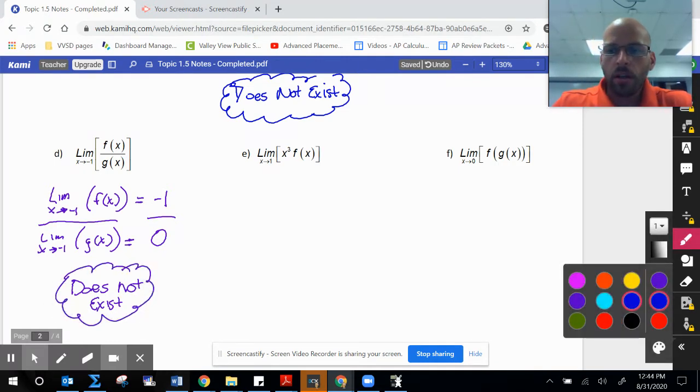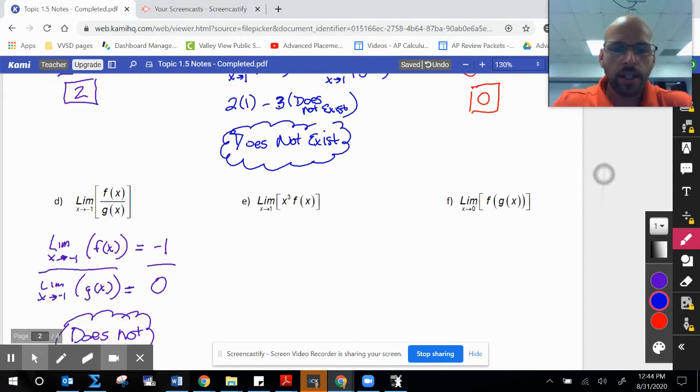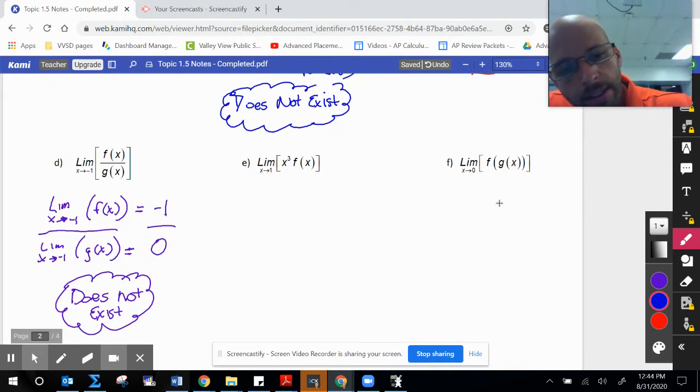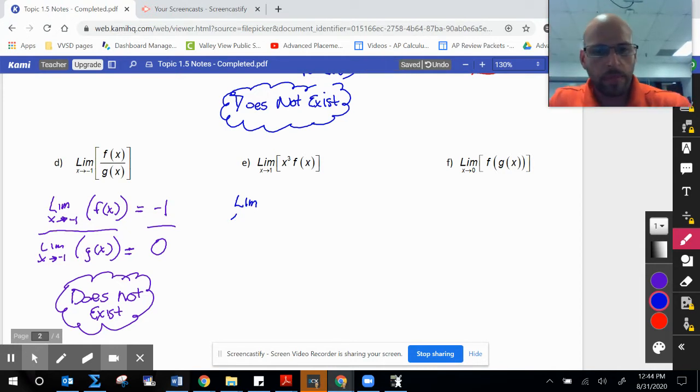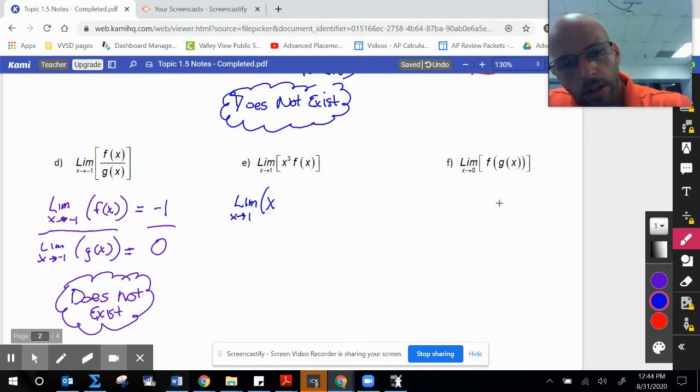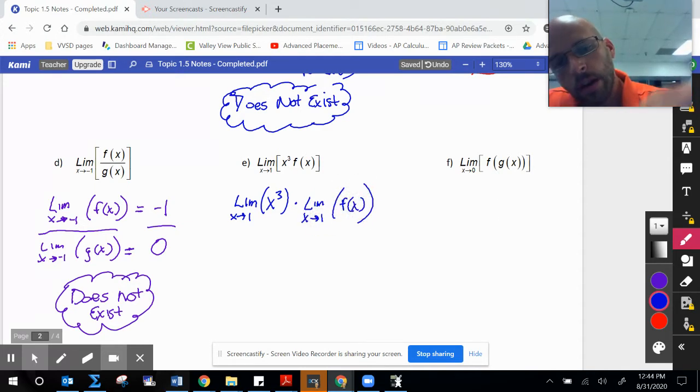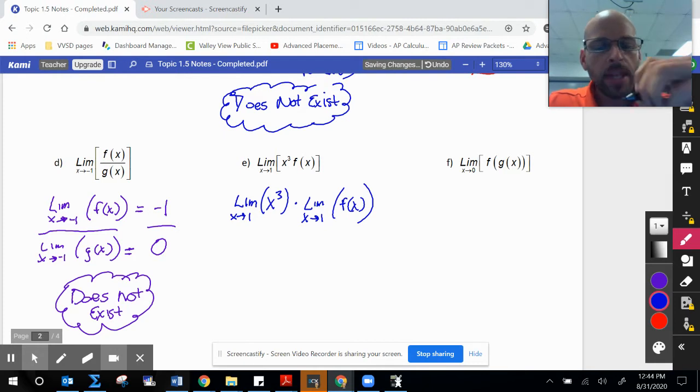Okay. So let's go over to the next one. So I have another product. So I'm going to say the limit as x approaches 1 of x cubed times the limit as x approaches 1 of f of x. Now you could use a power rule on this first piece.